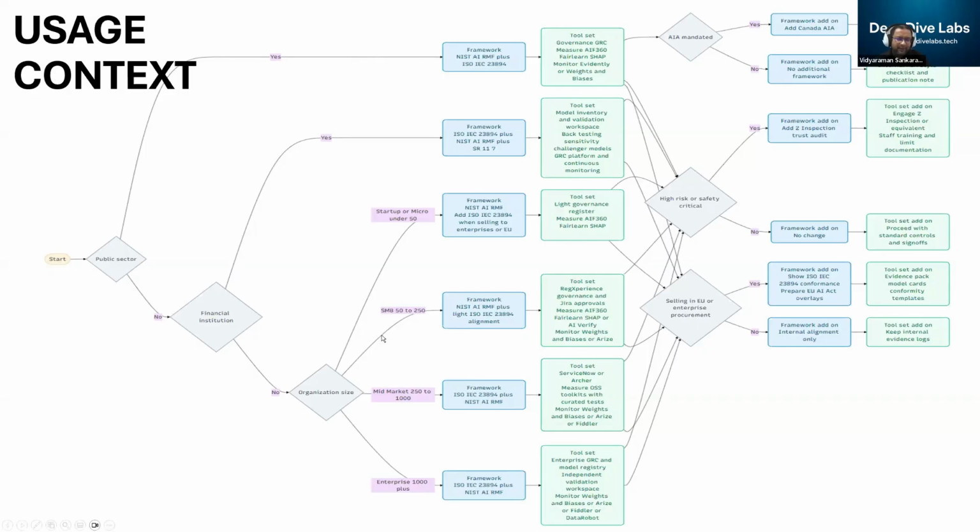But it's not that an SMB or a startup cannot do that. So as an SMB or a startup, if you are going to be doing that kind of model update or weightage, you can still go ahead and start using observability toolsets that you need to look into there. So this is the usage context.